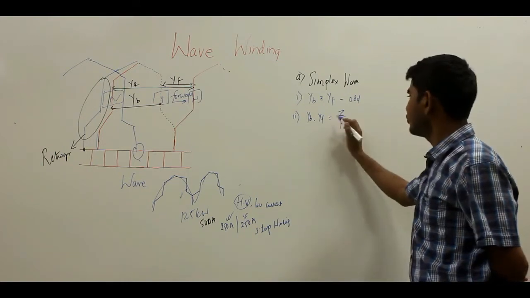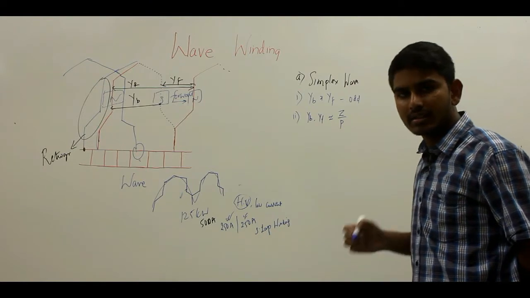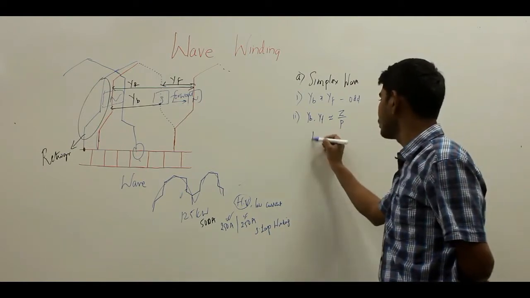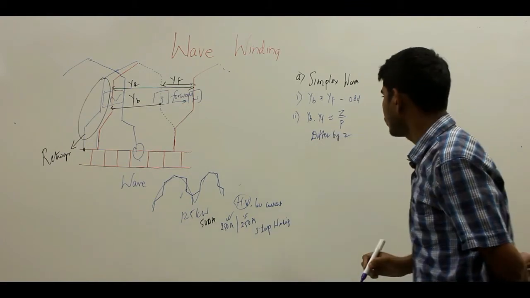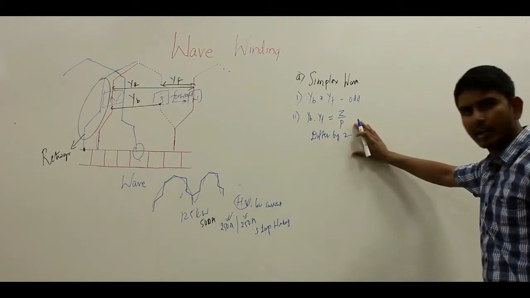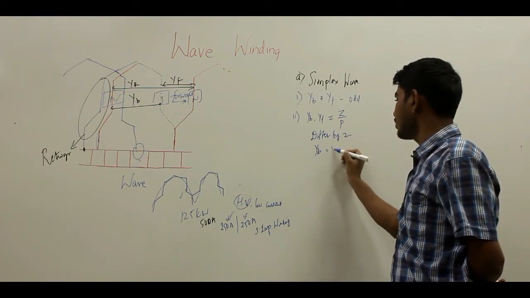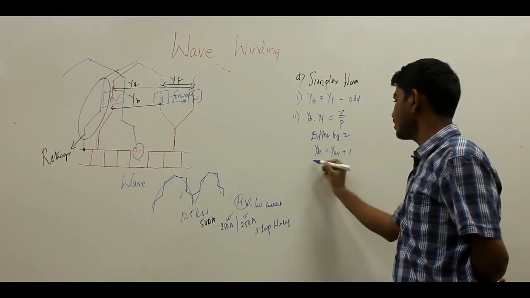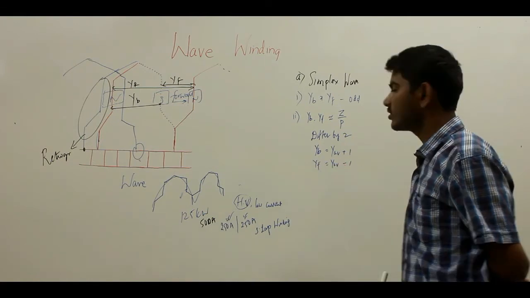They may be equal, or they may differ by 2. When they differ by 2, your back pitch will be given by Y average plus 1 and your front pitch will be given by Y average minus 1. So this is the second point.